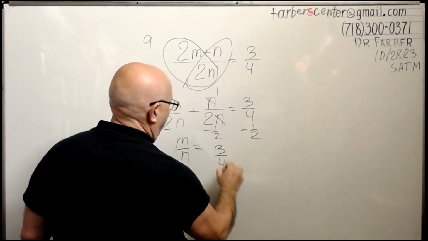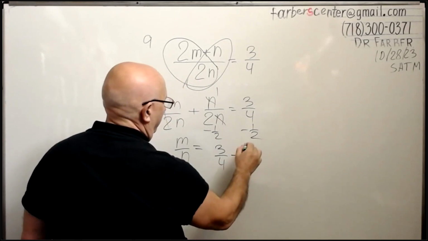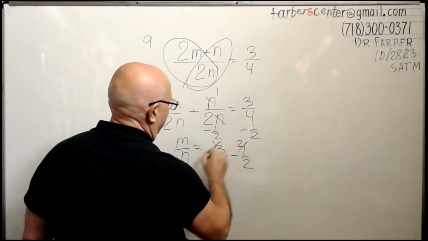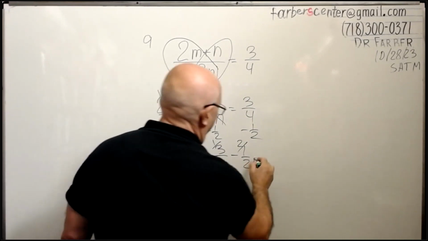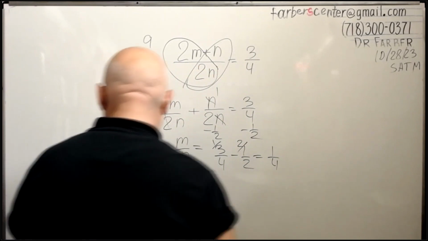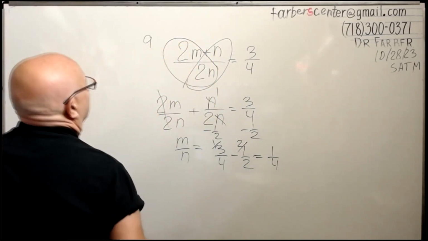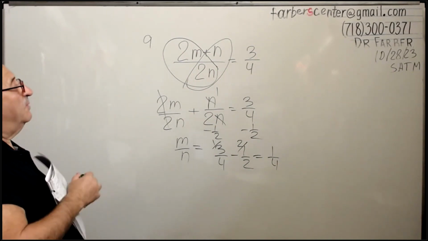Equals 3 over 4 minus 1 over 2. LCD is 4. This is 2, this is 1. So 3 minus 2 is 1 over 4. Okay, this is faster. If you need, I can show cross multiplication as well, but this is faster.